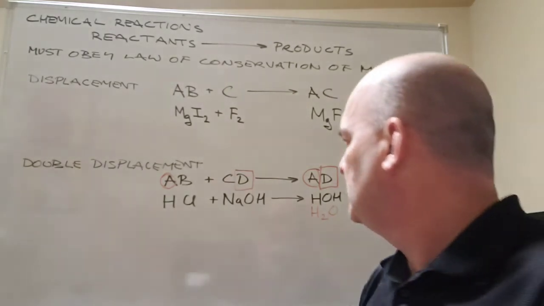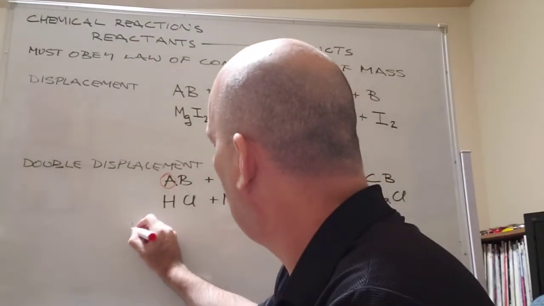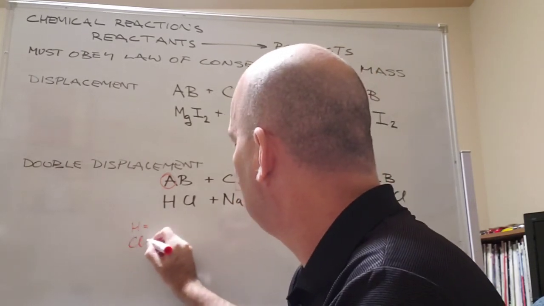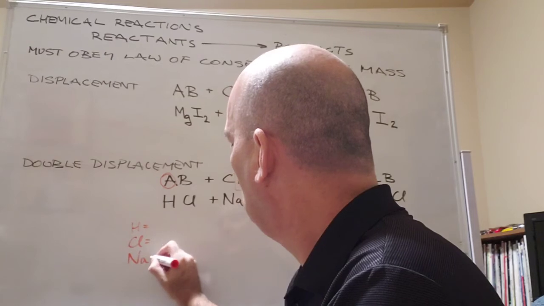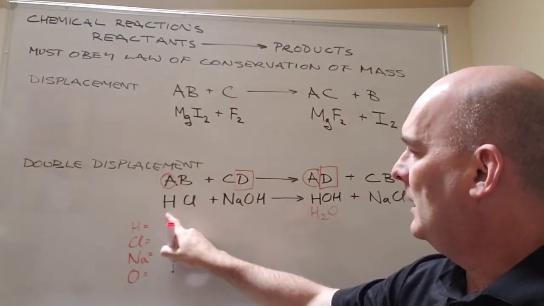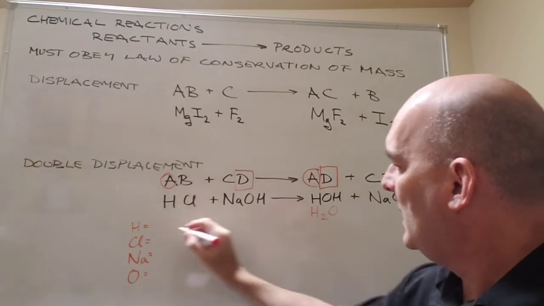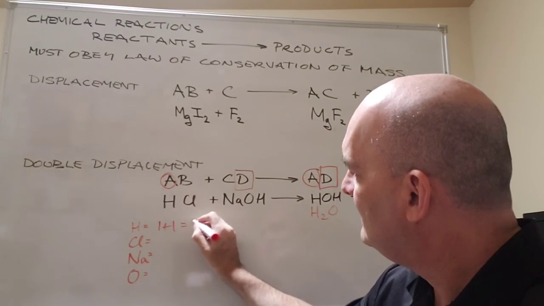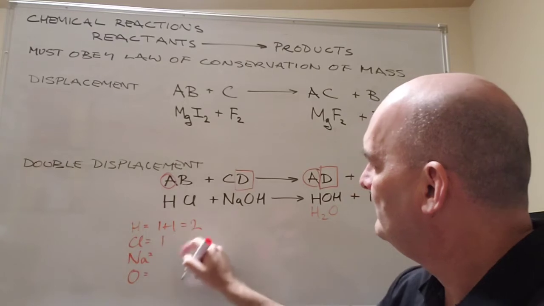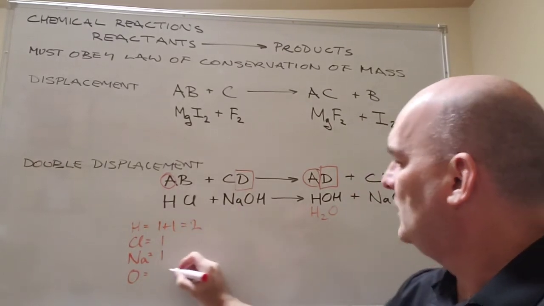And if you want to make sure that we have the correct number of atoms on each side, we can go ahead and balance this. On the left, there is 1 hydrogen here, plus 1 hydrogen there. There are 2 hydrogens. There is only 1 chlorine, there is only 1 sodium, and there is only 1 oxygen.